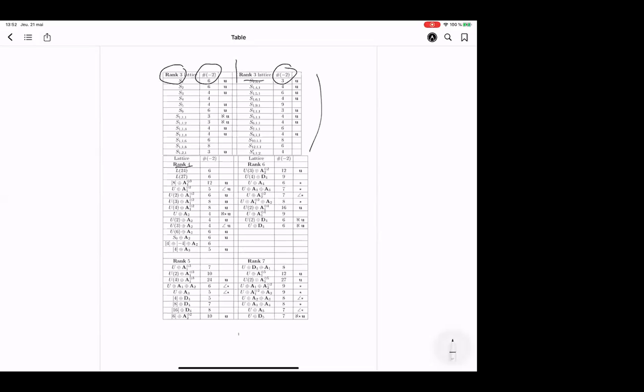Then rank 4, there are a lot of cases, then 5, 6. In rank 3 and 4, there are not a lot of -2 curves. The maximum of -2 curves is 12 here, and the lower bound is 3.